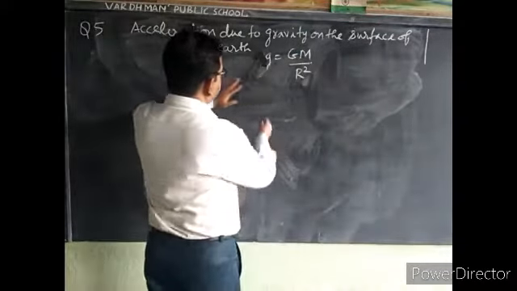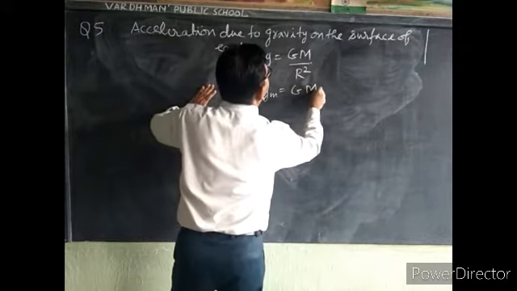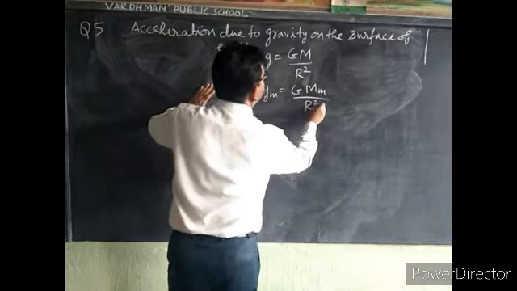Acceleration due to gravity on the surface of moon is given by gm is equal to GMm upon Rm square.